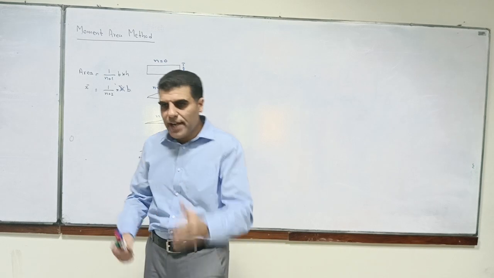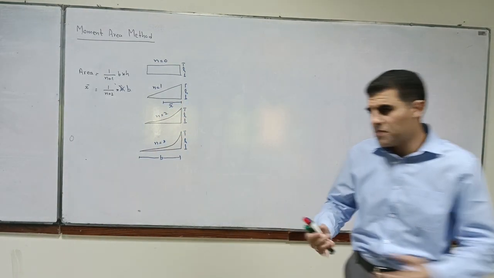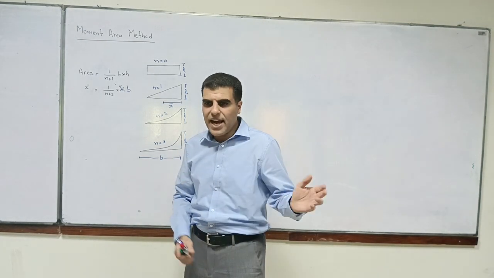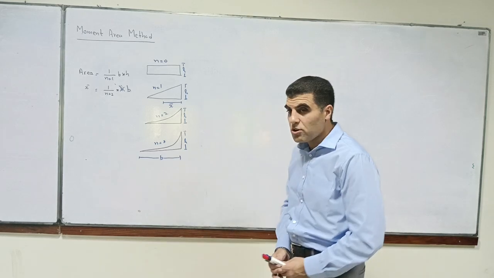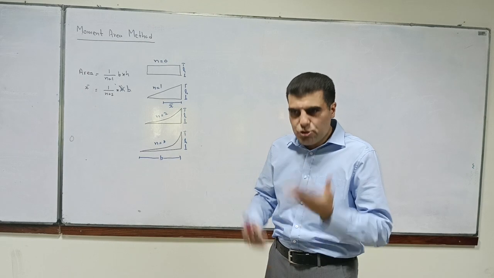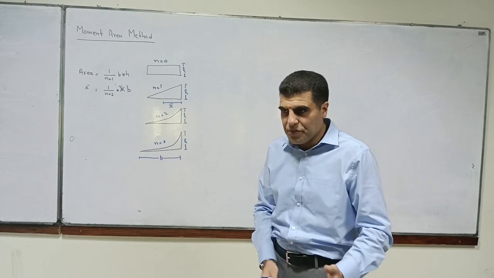So you can have UDLs, UVLs, uniformly distributed, varying, and concentrated loads. Any combination of these loads can be applied. But the problem is that when you draw an actual bending moment diagram, you get a combination of different curves.